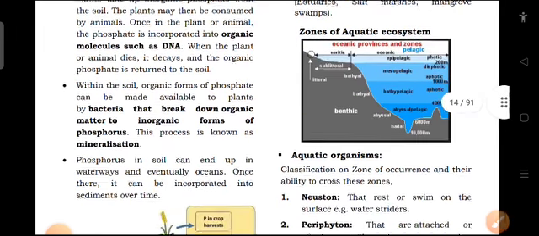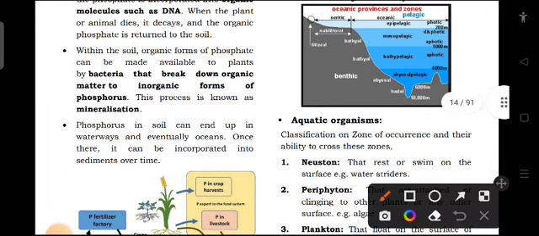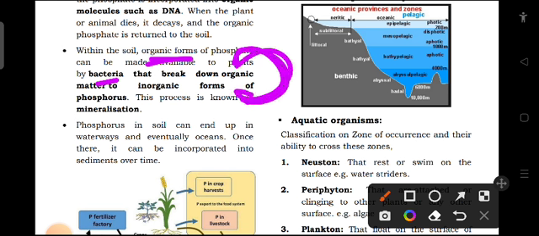Within the soil, organic forms of phosphate can be made available to the plants. Even in the soil itself, organic form of phosphate can be made available. How? With the help of bacteria that break down the organic matter into inorganic form of phosphorus. So it breaks down organic to inorganic and inorganic to organic, both ways. This is known as mineralization.